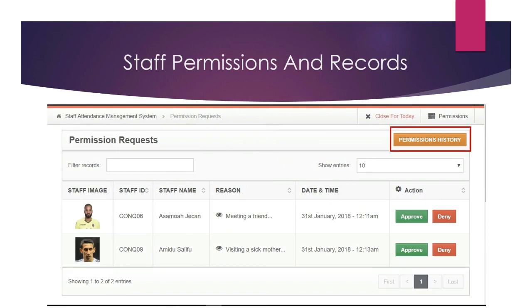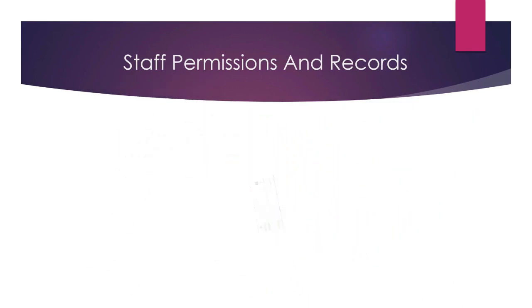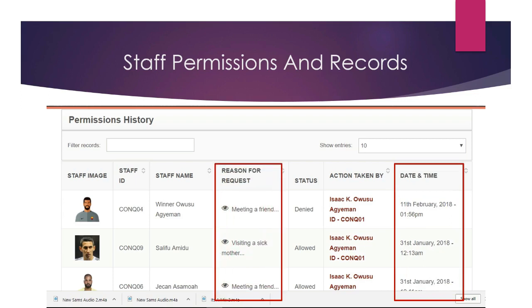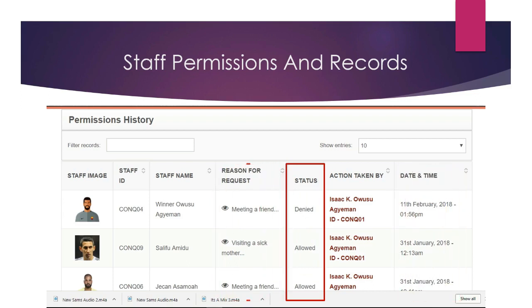The Permissions History button takes SAMS administrators to the fine details of all request records, including time and date of request, reason for request, and the status of whether the request has been approved or not, etc.